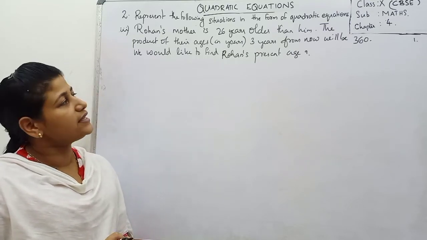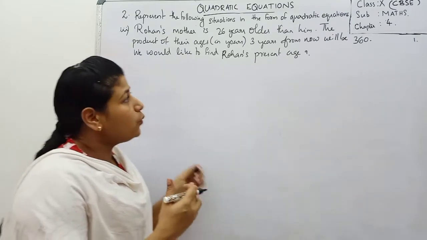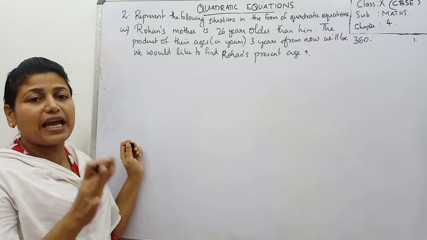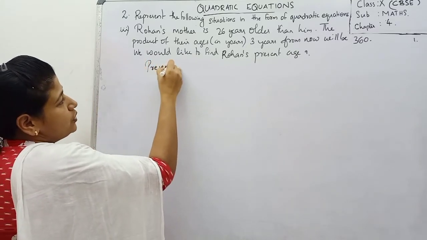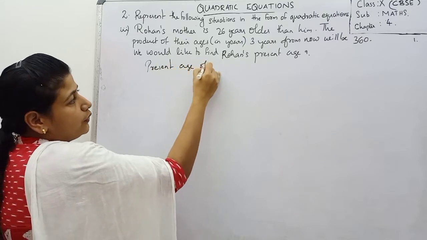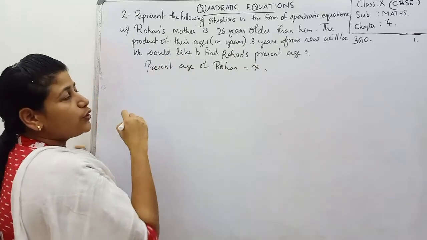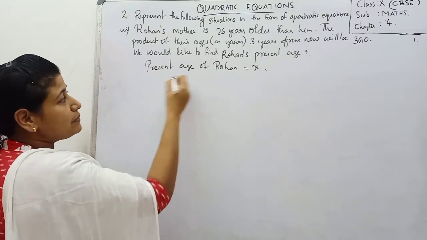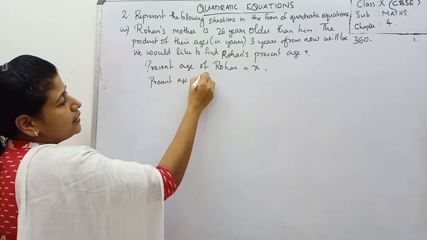We have to find the present age of Rohan. What we have to do? We can take the present age of Rohan as X. So what will be the present age of his mother?